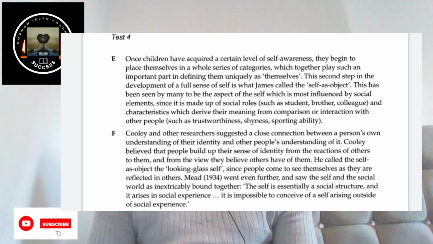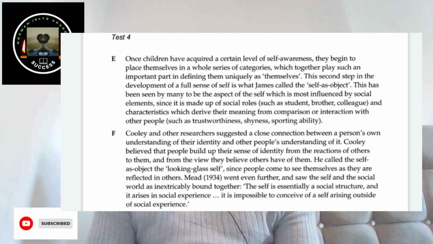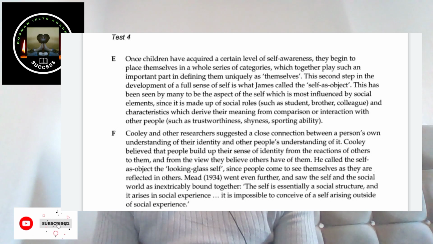So we are looking at self. Okay, Mead 1934 went even further and saw the self and the social world as inextricably bound together.